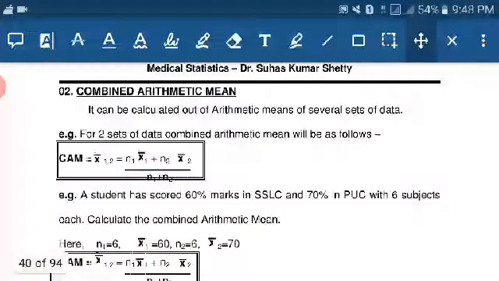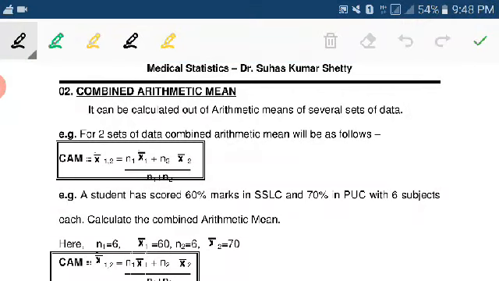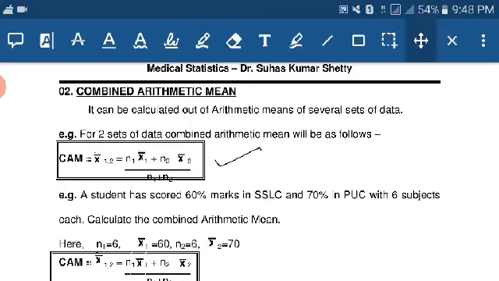Combined arithmetic mean means the arithmetic mean calculated from the arithmetic means of several data sets. Combined mean has the given formula.